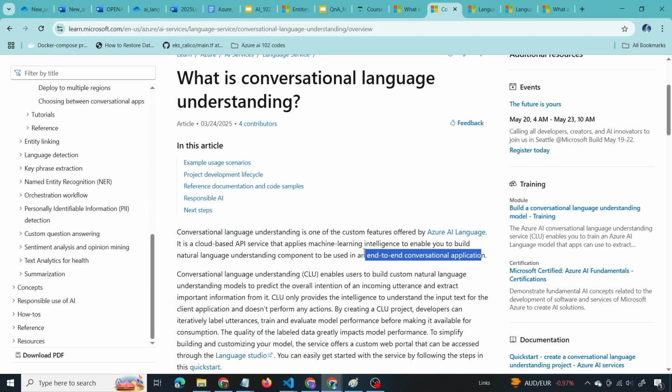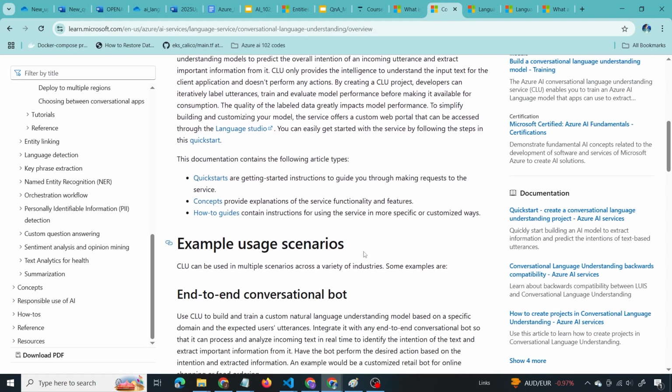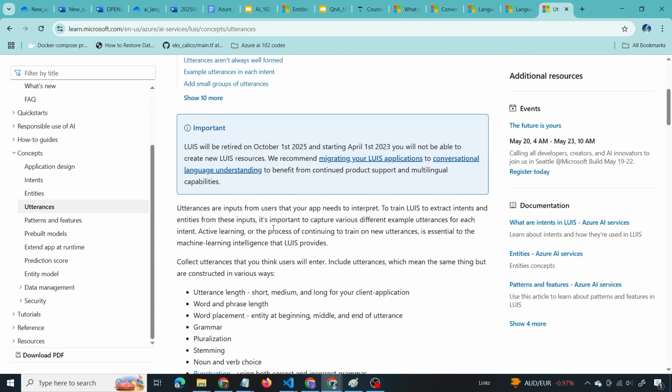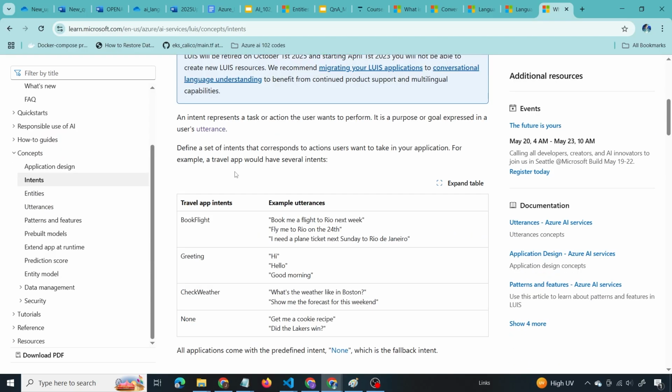In the case of a conversational model, there are a few terms we need to know. One is utterance. Utterance is the user input to the model. The model should take this input, interpret it and provide the response accordingly. Now, what is an intent? Intent is the action the model has to perform.